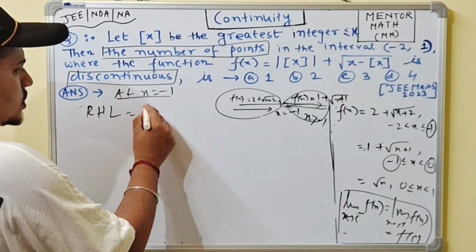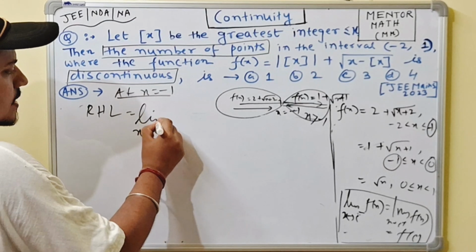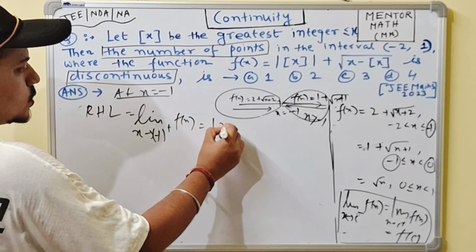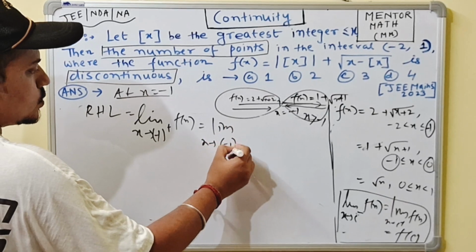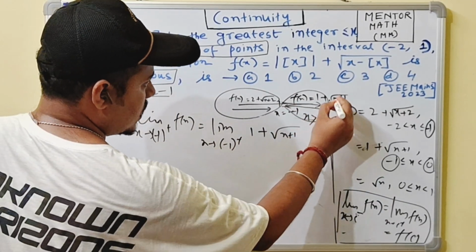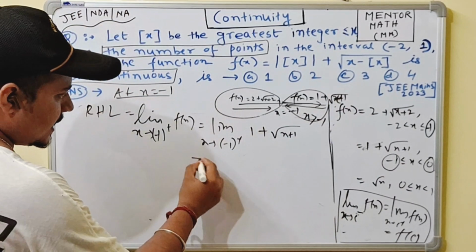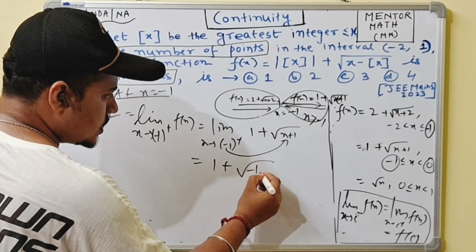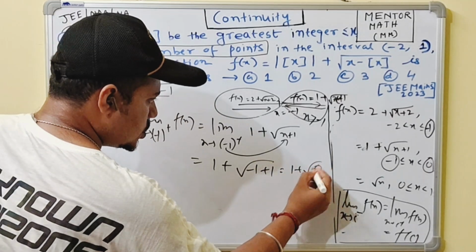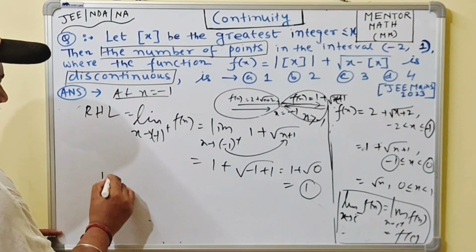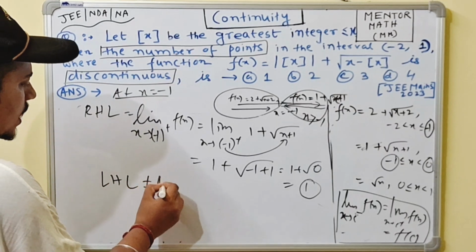So the right hand limit, limit x tends to -1 plus f(x), is equal to 1 plus root under x plus 1. Putting in -1: root under (-1 plus 1) is root 0, so 1 plus root 0, and you get the value 1. So clearly you see that the left hand limit is not equal to the right hand limit.